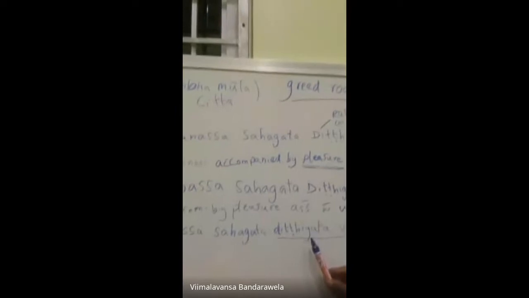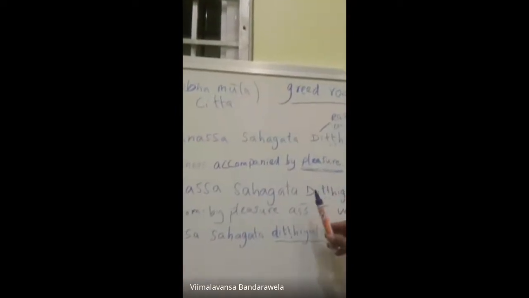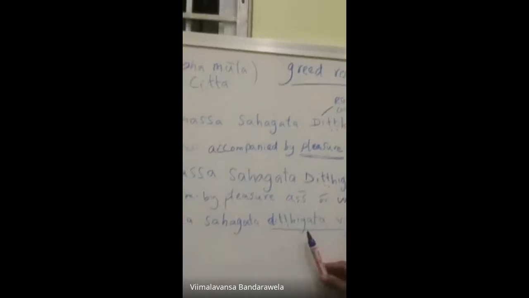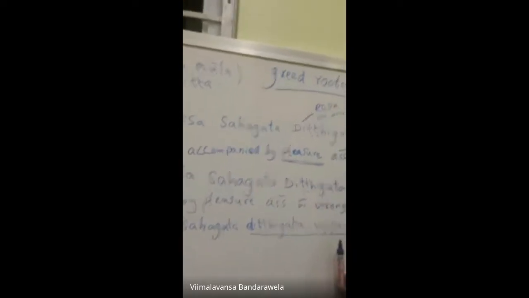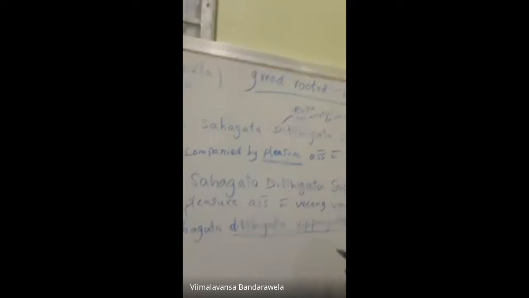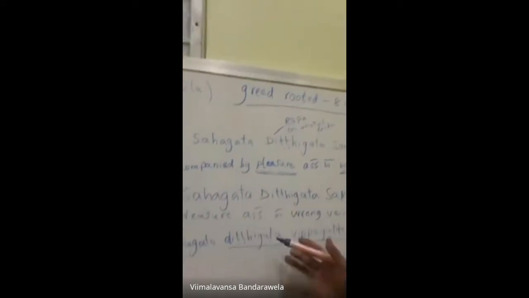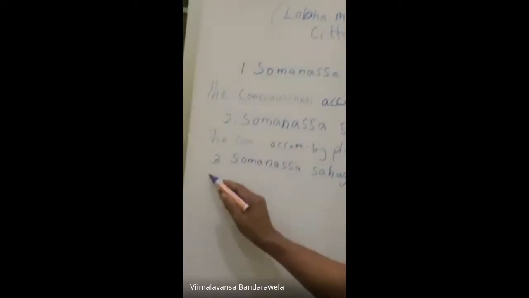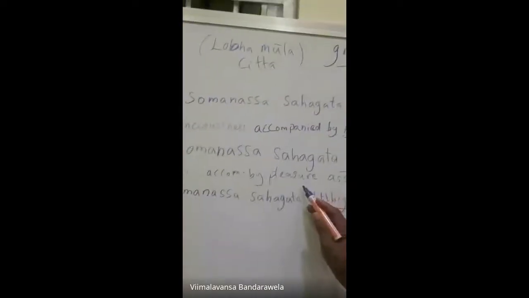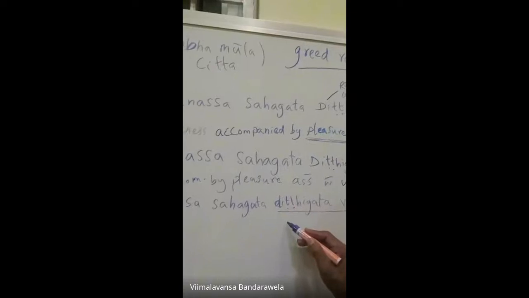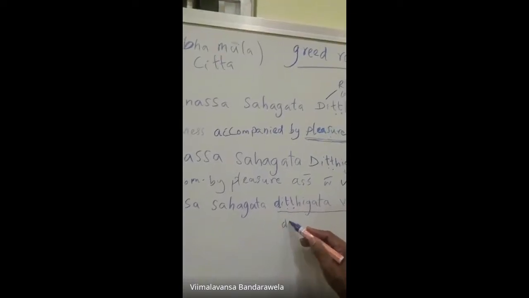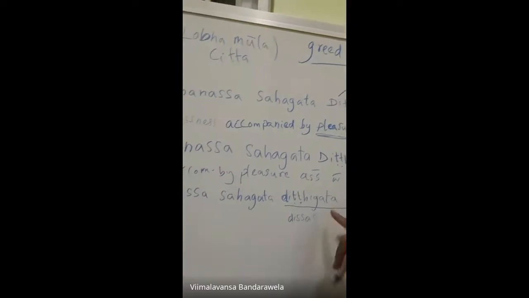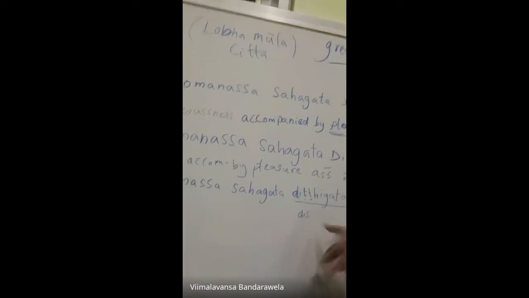So what is the meaning? Ditthigata Sampayutta means associated with wrong view. Ditthigata Vipayutta means dissociated with wrong view, not associated with wrong view. The consciousness is still accompanied by pleasure. This is the difference: disassociated with wrong view.